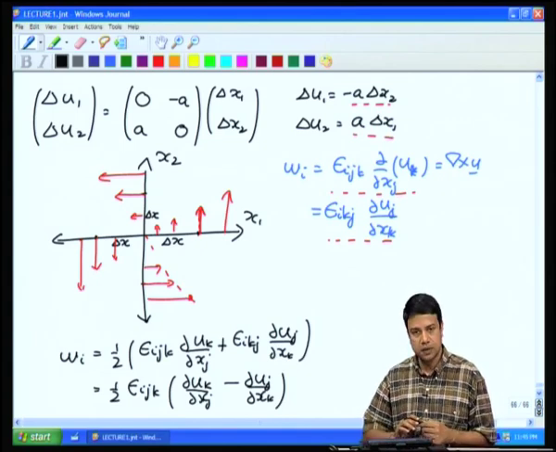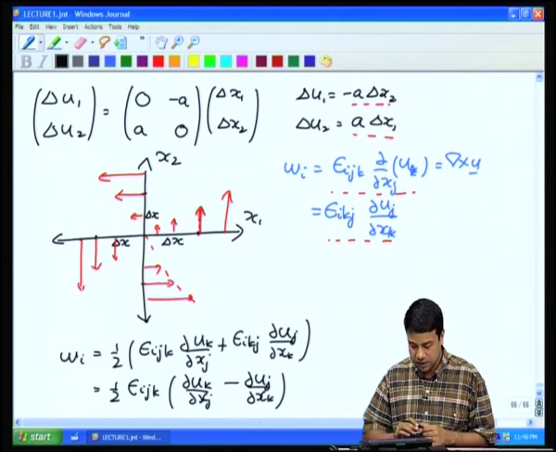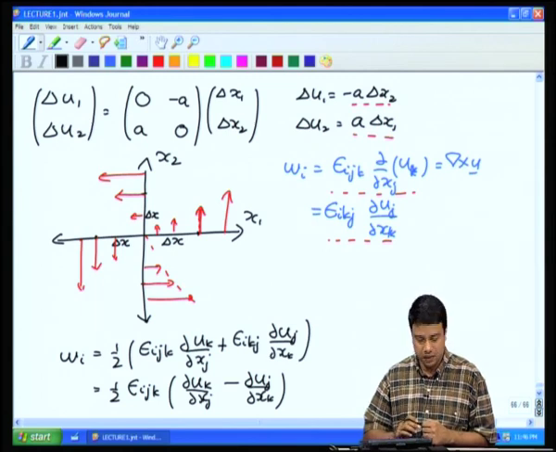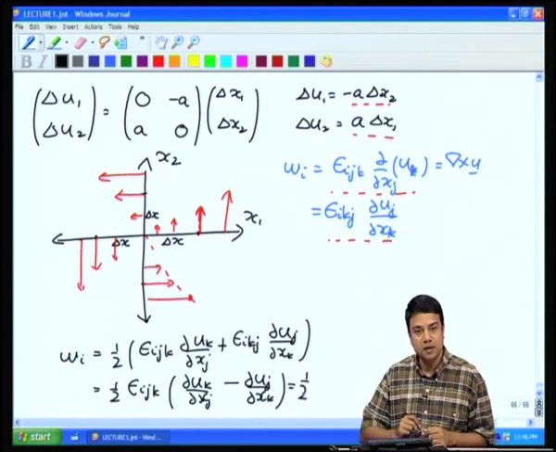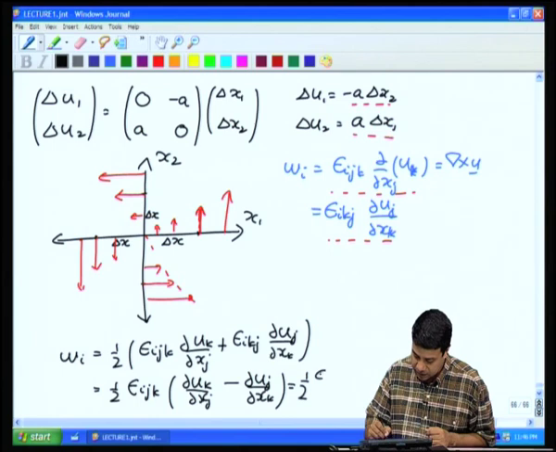Now, I have defined for you the antisymmetric tensor Aij as partial ui by partial xj minus partial uj by partial xi. So, therefore, the vorticity is related only to the cross product acting on the two components of the antisymmetric tensor, epsilon ijk times A kj.